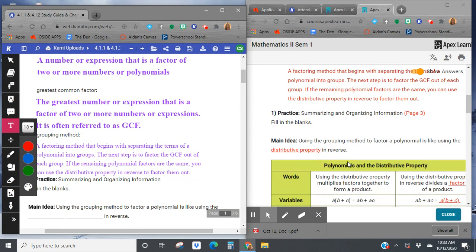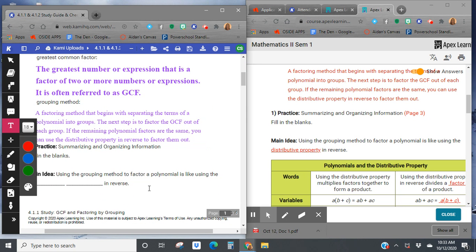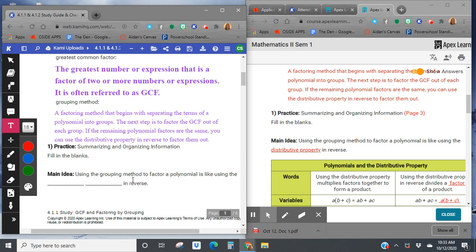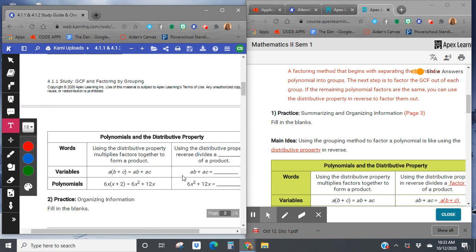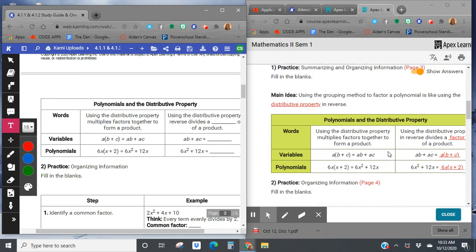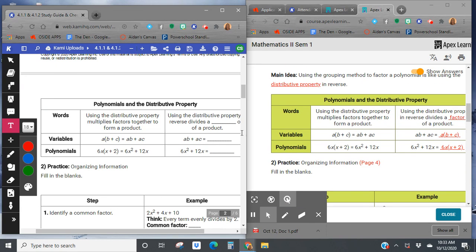All right, so now let's summarize and organize the information with some fill in the blanks. Using the grouping method to factor a polynomial is like using the distributive property in reverse. So let's see what we mean.